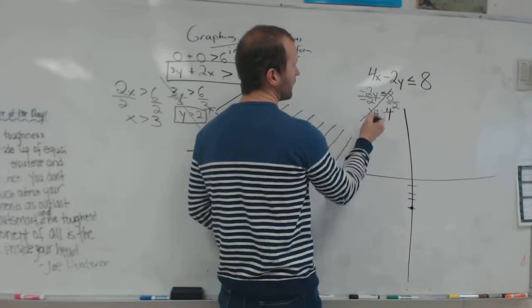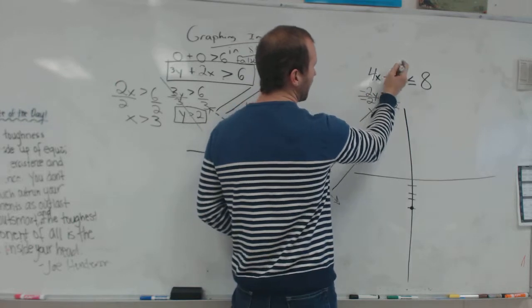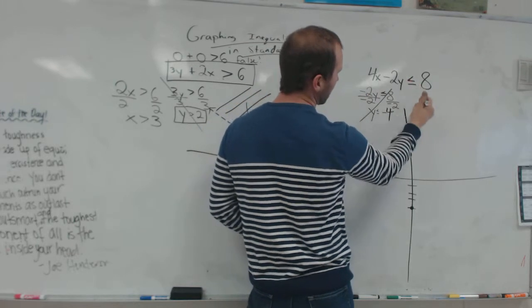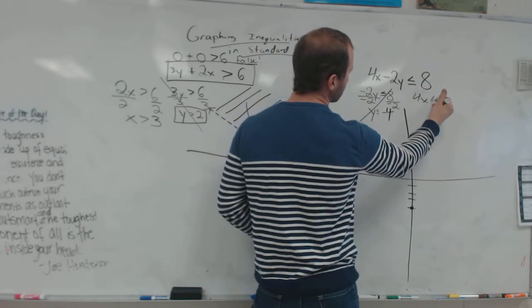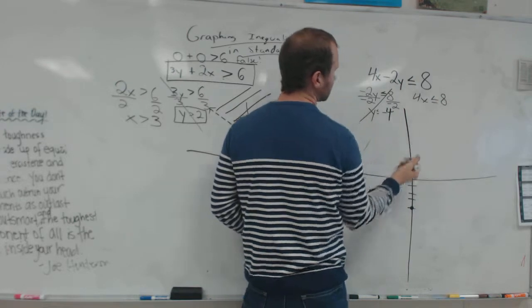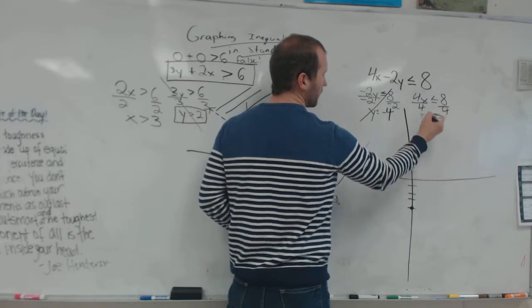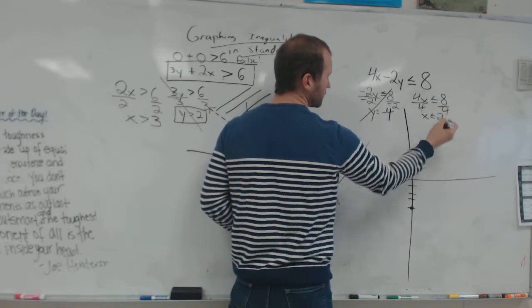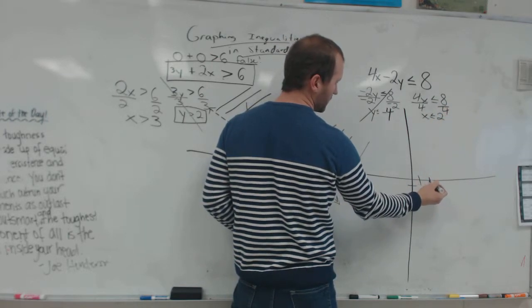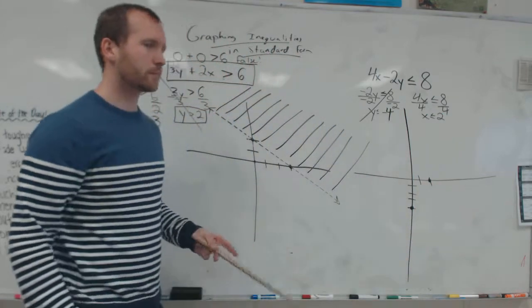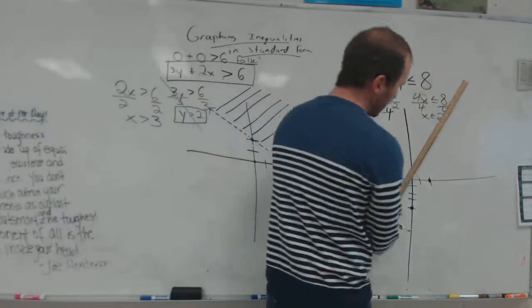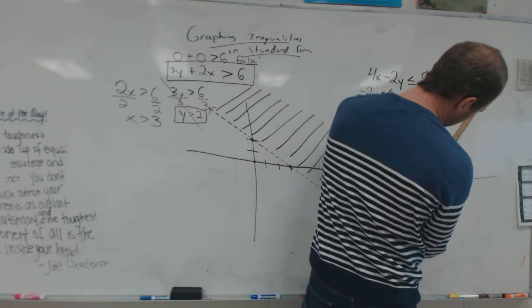Forget about that. Let's make y 0. When y is 0, just covering that up, we have 4x less than or equal to 8. Divide both sides of that by 4, and we get x is less than or equal to 2. That's my x-intercept. Connect those, and I'll be done with the first half of this problem.